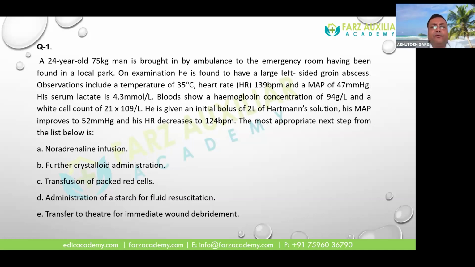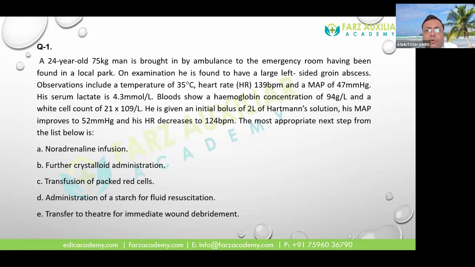decreases to 124. Most appropriate next step: NORAD, further crystalloid, transfusion of packed RBC, administration of starch, or transfer to theater for immediate wound debridement. Anything else?